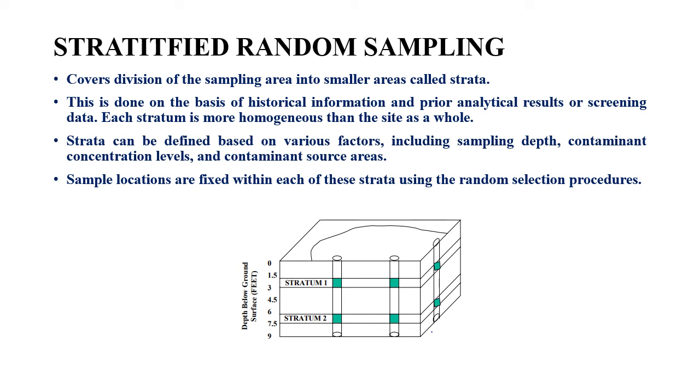This type of stratified random sampling will have some control over the data collected, but it is still a random sampling technique adopted for each stratum that we have divided into. And this is a very useful sampling approach for getting accurate data regarding the samples collected from a particular depth.